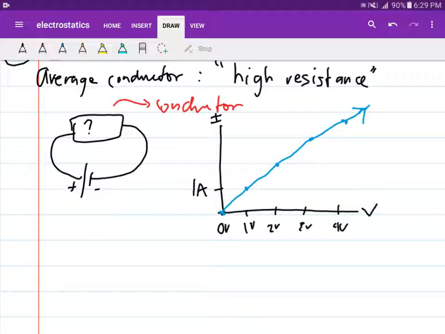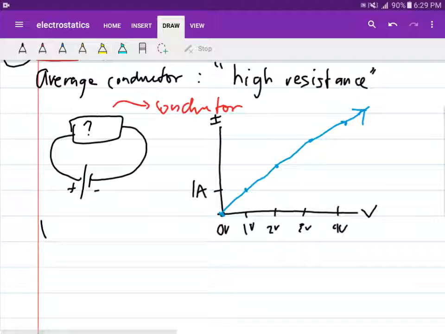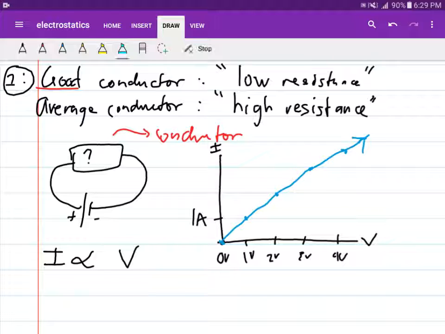So we can derive a relationship between current and voltage with proportionality. We can say that this current I is directly proportional to the voltage applied V. And we know that this object has low resistance.